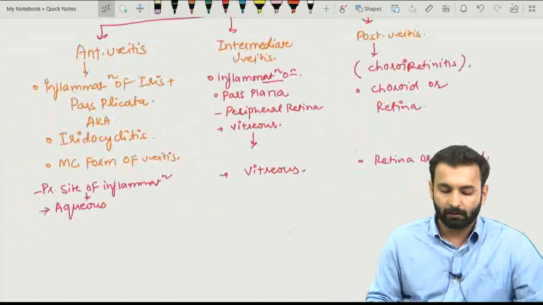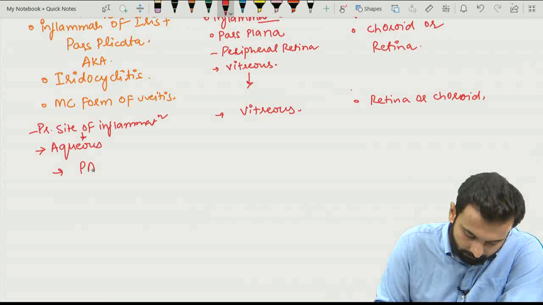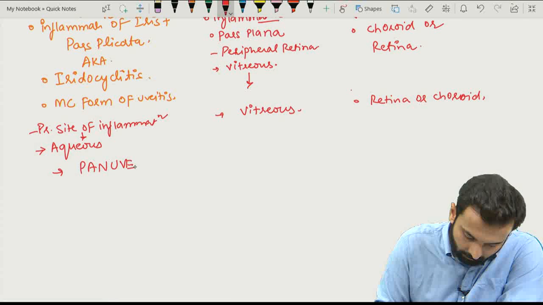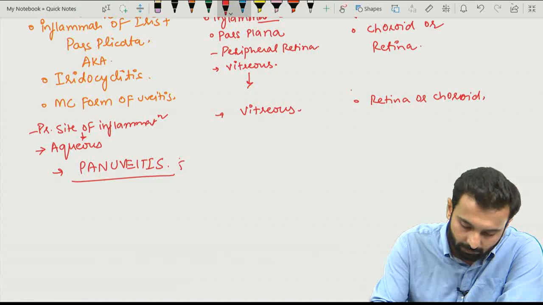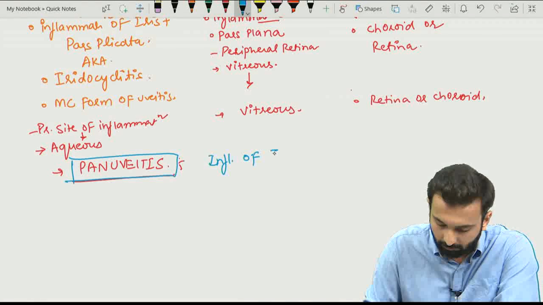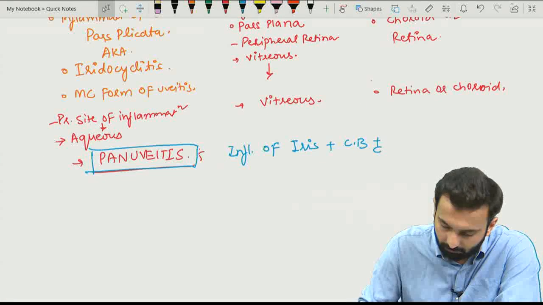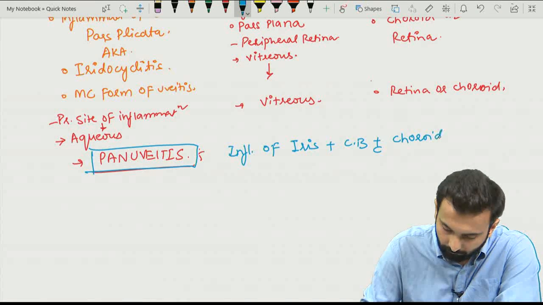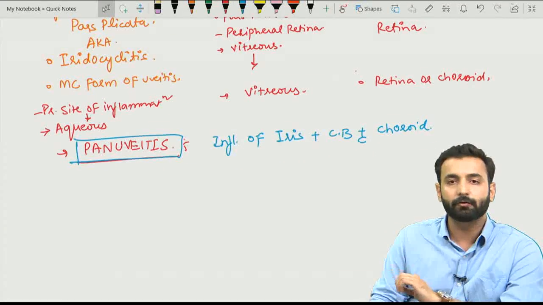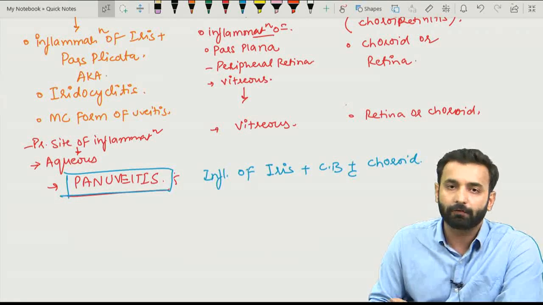Another term you should keep in mind is pan-uveitis. You can come across this word also. It involves inflammation of all the three structures of uvea: iris, ciliary body and choroid. So this is all about the anatomical classification of uveitis.